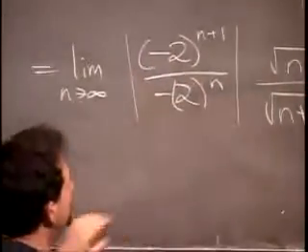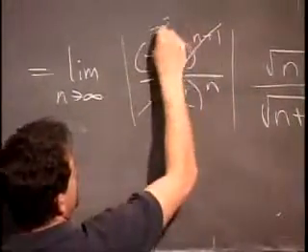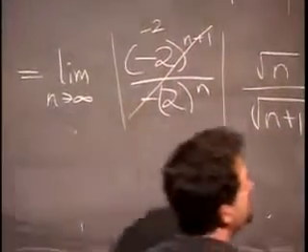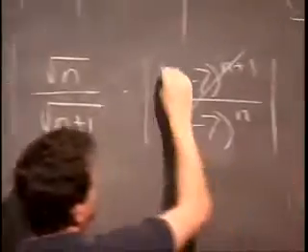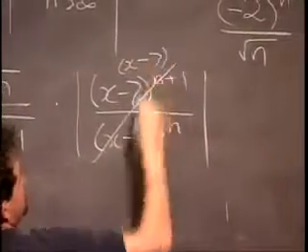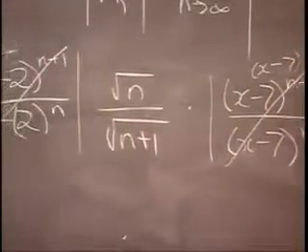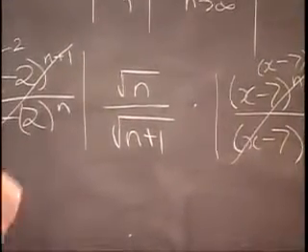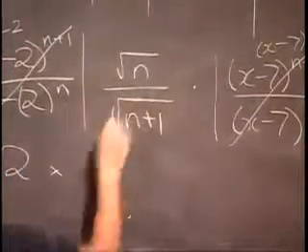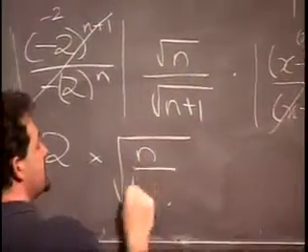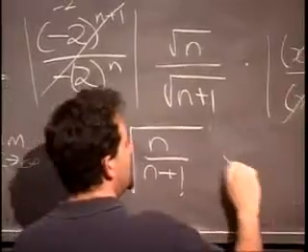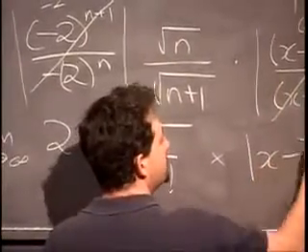This just becomes minus 2, and this just becomes x minus 7. So the absolute value of minus 2 is 2. The square root I can write as n over n plus 1. And here I have the absolute value of x minus 7.